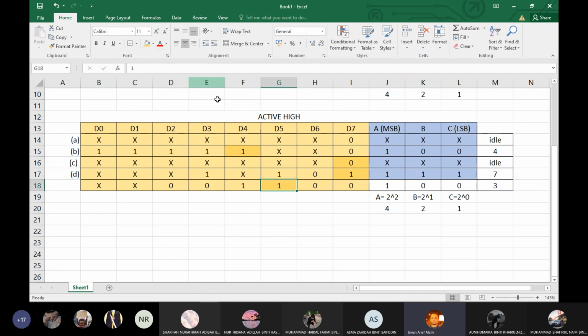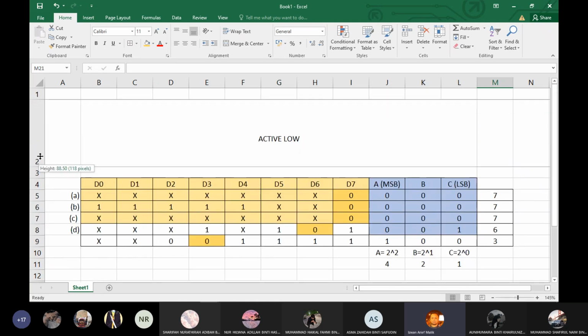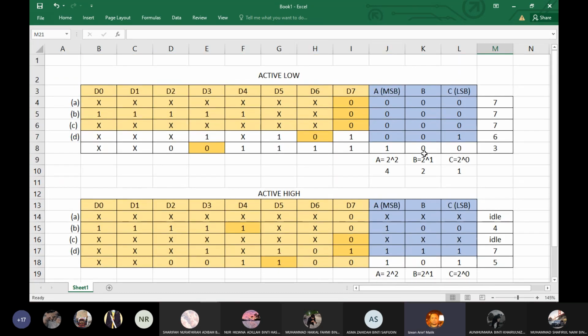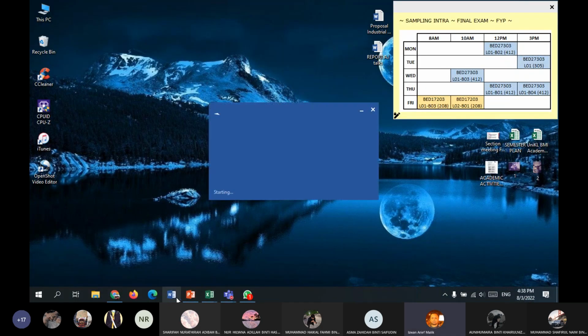So this will become 1, 0, 1, which is 5. Okay, so tu beza active high dengan active low dengan input yang sama. Okay, the same inputs, output dia berbeza. Depends on dia punya level of active high atau active low. Okay. So that is the answer for this question lah.